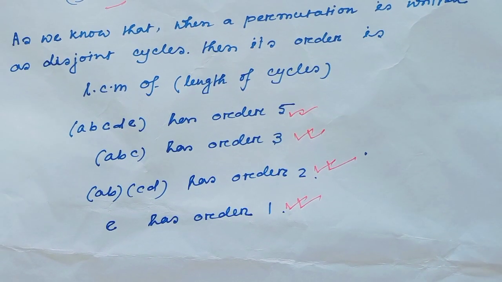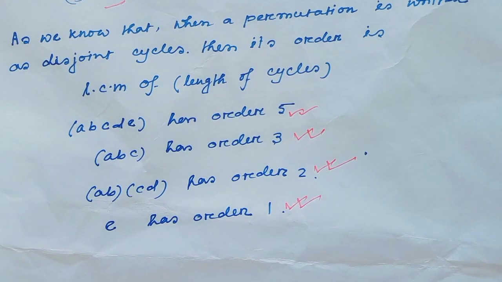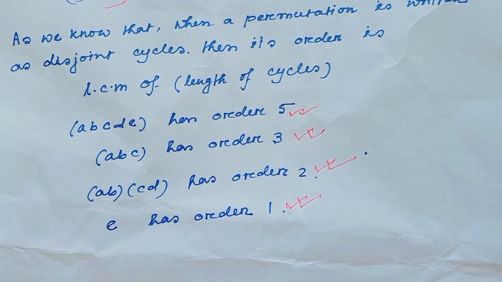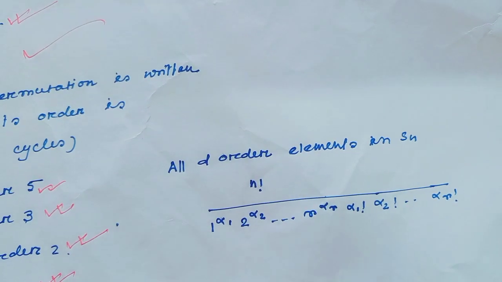Now I will see in A5 how many elements there are of order 5, order 3, order 2 and order 1. For this, we all know the formula.